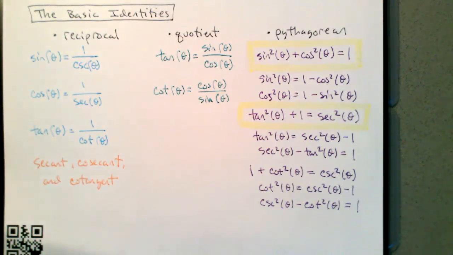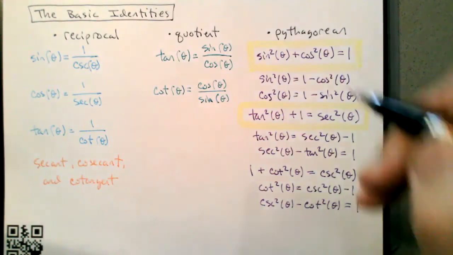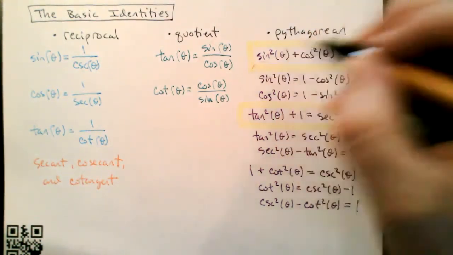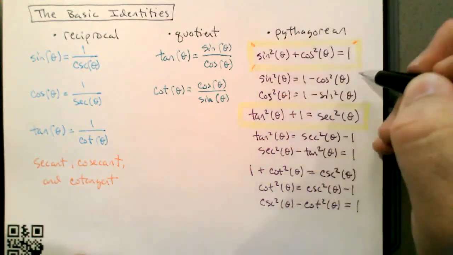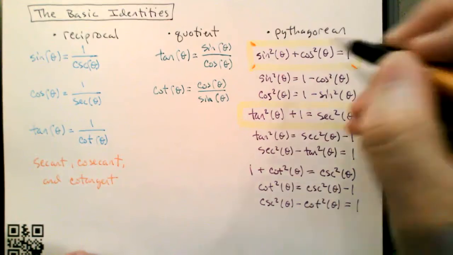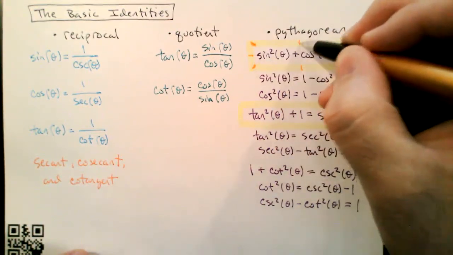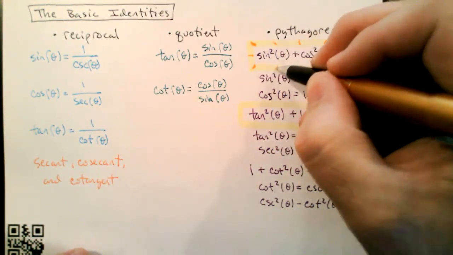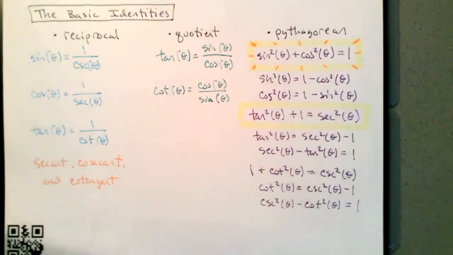So here are a bunch of identities that we need to remember. The primary one to remember in the Pythagorean identities is the sine squared plus cosine squared equals 1. This is the one to know. That's the one.